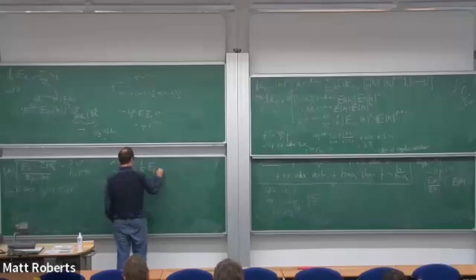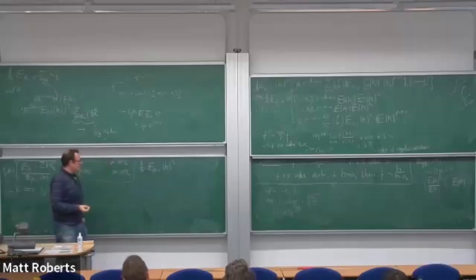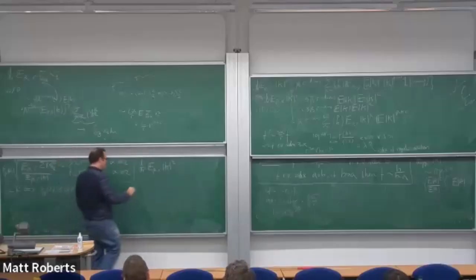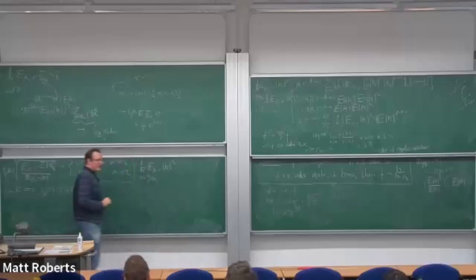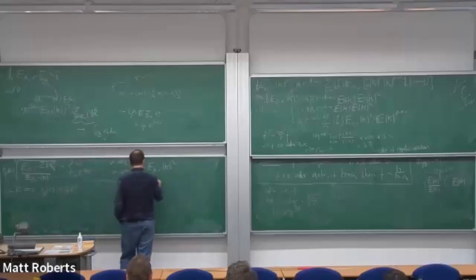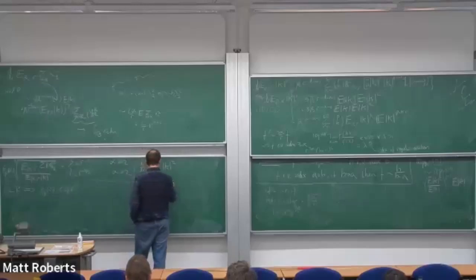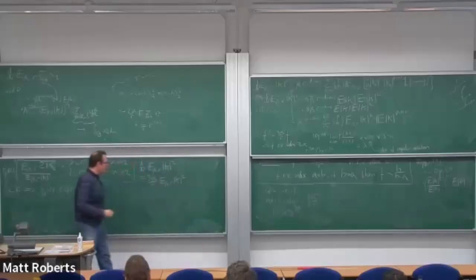So the key thing is to say, if we look at the derivative of the second moment, we know that the first order contribution is 3 alpha over r times itself. And we need to know what is the asymptotics of the correction to this.